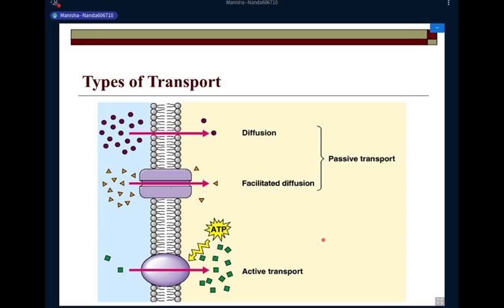One is called passive and the other is called active transport. Can any of you tell me, by taking a look at this diagram, what is the major difference that you see between passive and active transport? Just take a look at this figure and tell me what is the major difference you see between passive and active transport.